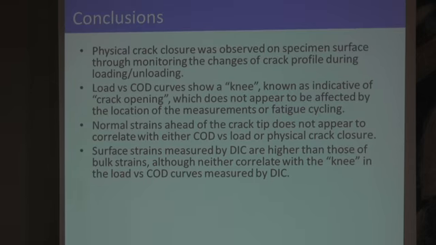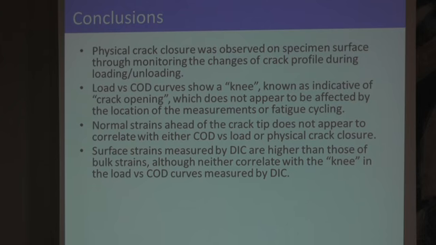My conclusion is that physical closure was observed on the specimen surface from monitoring the change of the crack profile during loading and unloading. Also, load versus COD curves show a knee, known as indicative of crack opening, which does not appear to be affected by the location of the measurement or the cycle.